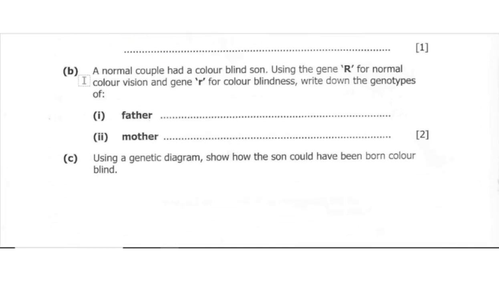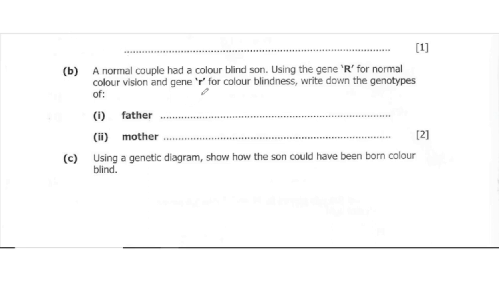So we go to question 5B, which is: a normal couple had a colorblind son. Use the gene R for normal color vision and small r for color blindness. Write down the genotypes of the father.